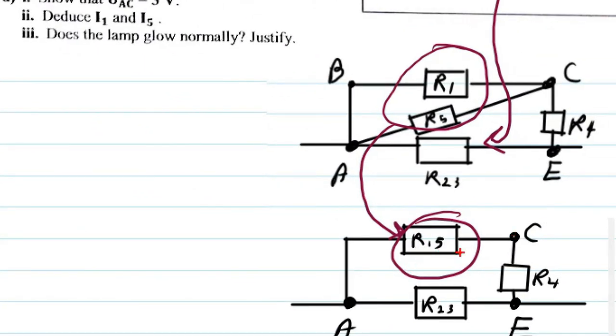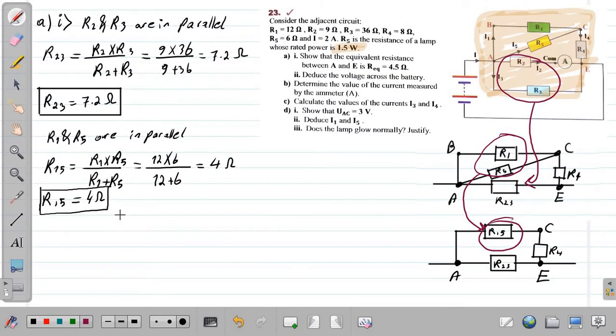بنلاحظ إنه ال R15 وال R4 connected in one point which is C. ولما بيكون عندي connection between two resistors in one point بنقول those resistors are in series. So R15 and R4 are in series.